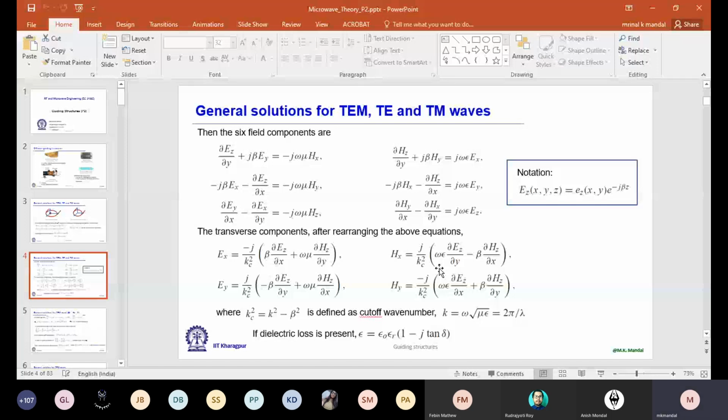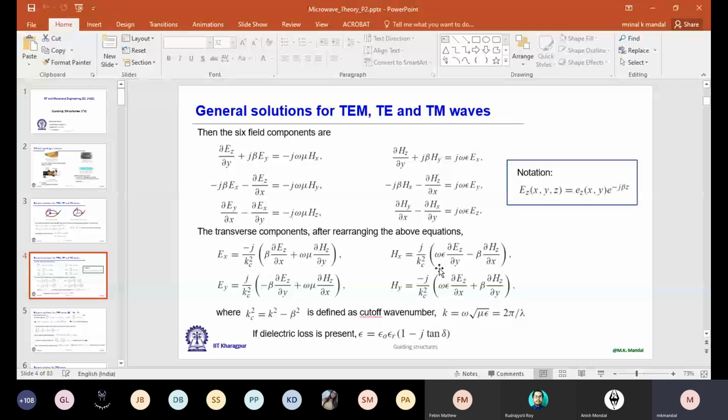And what is k and what is beta? They are the phase constants, basically the change of phase per unit length. Beta is for the guide, and k is for free space, unbounded space. Better to say, for free space it will be k naught.